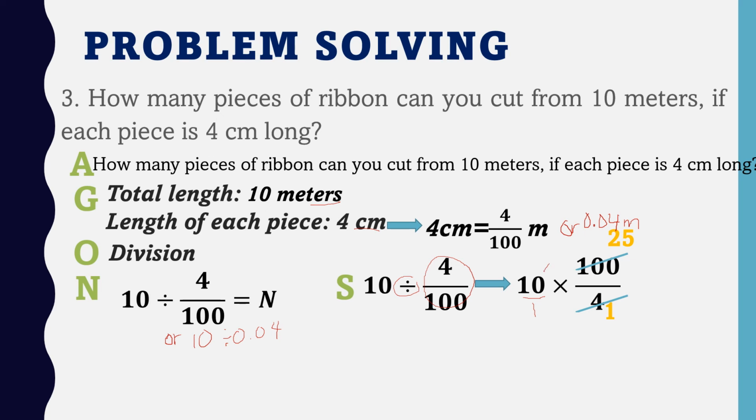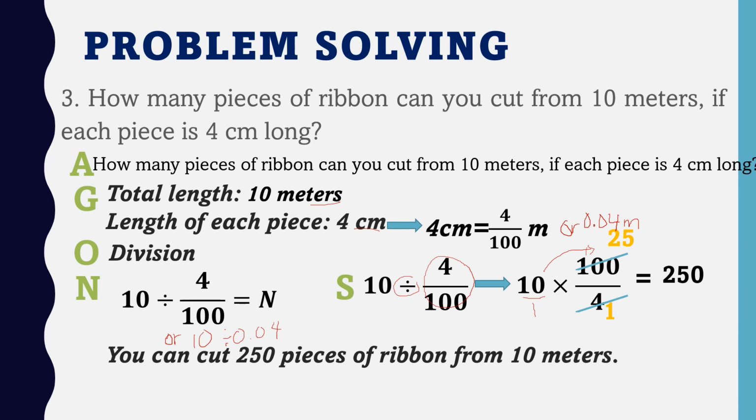So we can now multiply. 10 times 25 is 250, and 1 times 1 is equal to 1, so we don't have to write that. Our final answer is 250. So for the final answer, we can say that you can cut 250 pieces of ribbon from 10 meters, or from a cloth or any material that is 10 meters long.